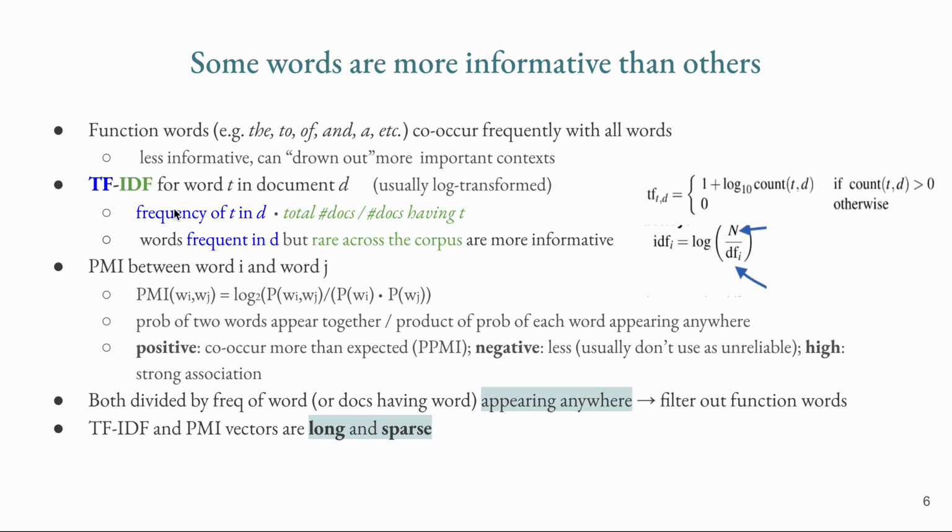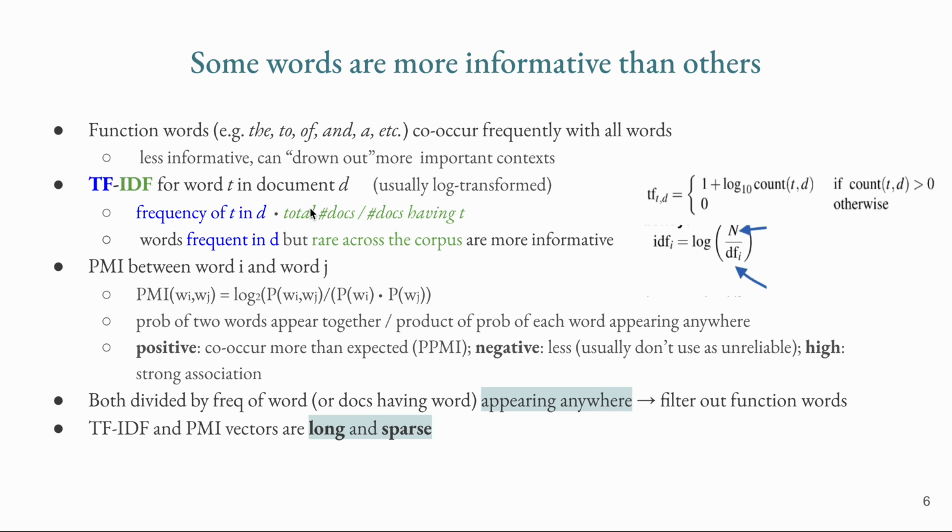So it appears a lot in one document but not in others. Those kinds of counts will be more informative. Both TF-IDF and PMI divide by the frequency of that word appearing anywhere. Because we are dividing by the frequency of it appearing in every other document, we are filtering out these words that just appear in any document.